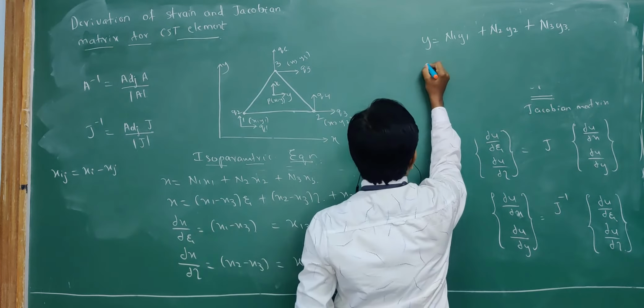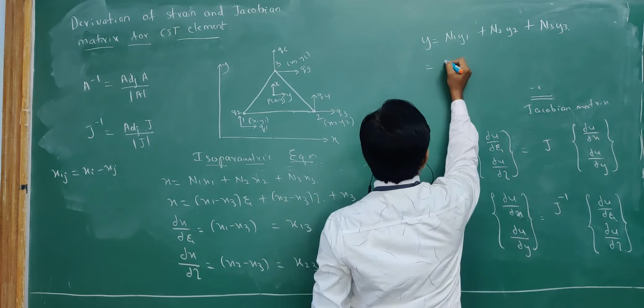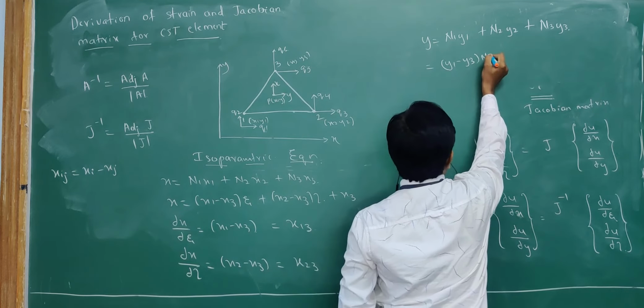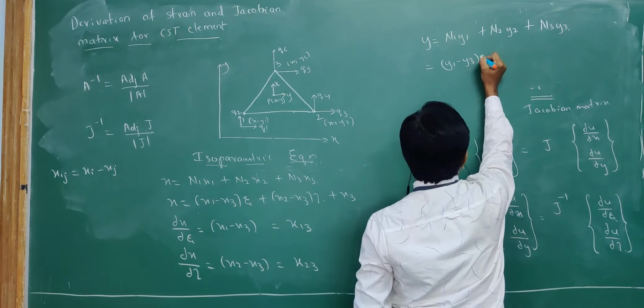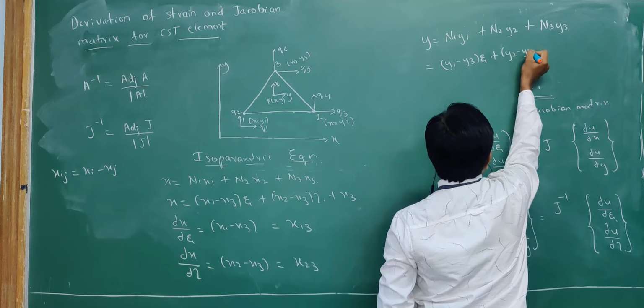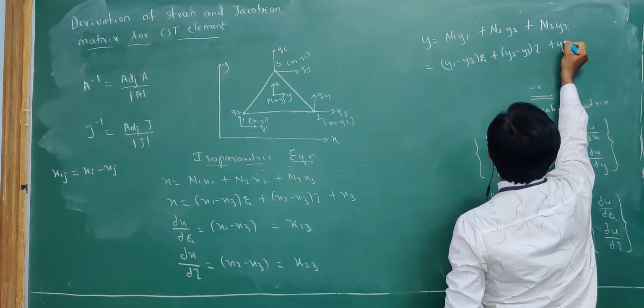So what happens here is, after substituting the shape functions, you will be getting (y1 minus y3) into ζ plus (y2 minus y3) into η plus y3.